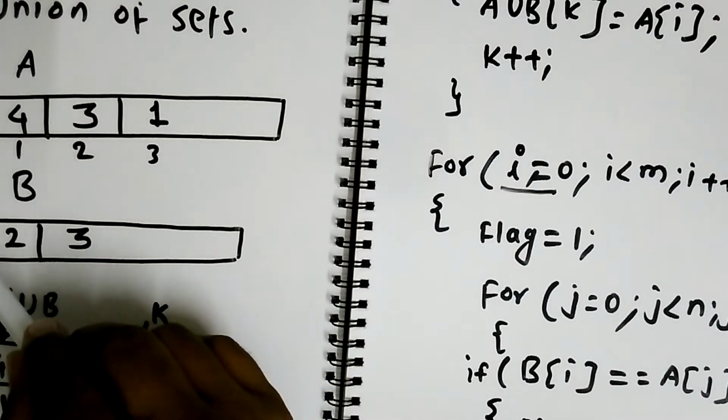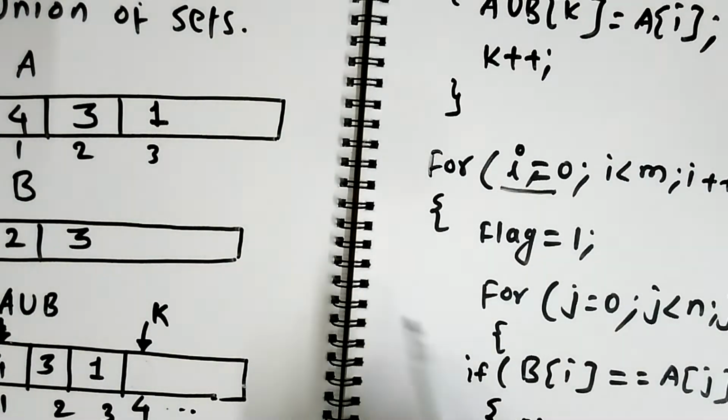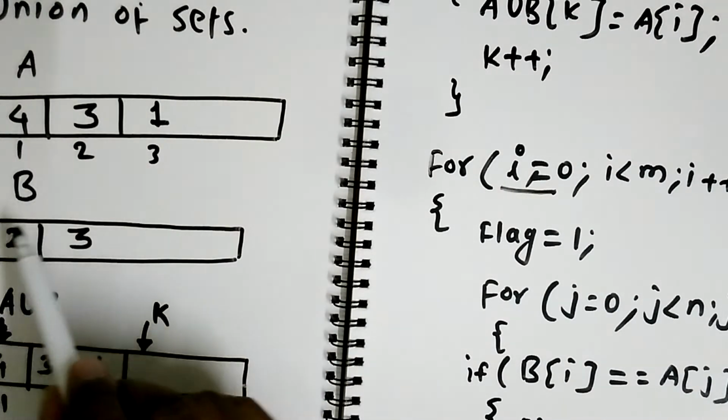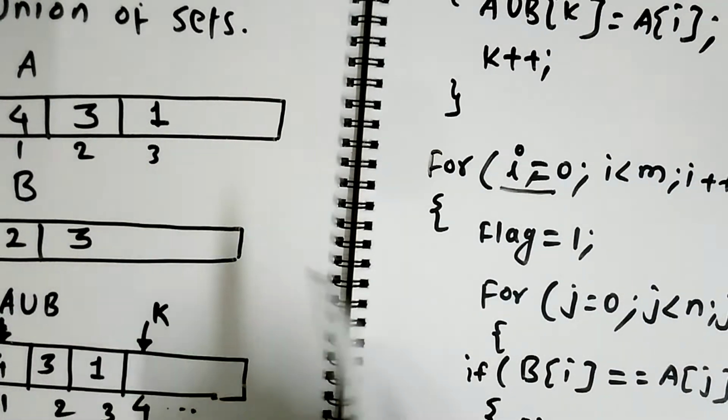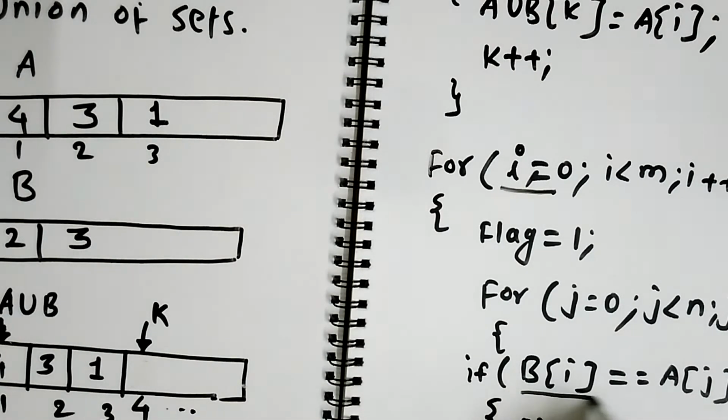This time I compare this with this, and this condition is false too. Now I increment j, j becomes 3, and this time I find both elements are equal. That means this condition is true, so I execute this: I set flag to 0 and I break this for loop.